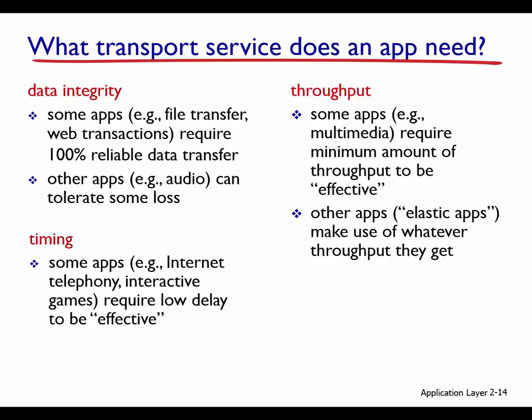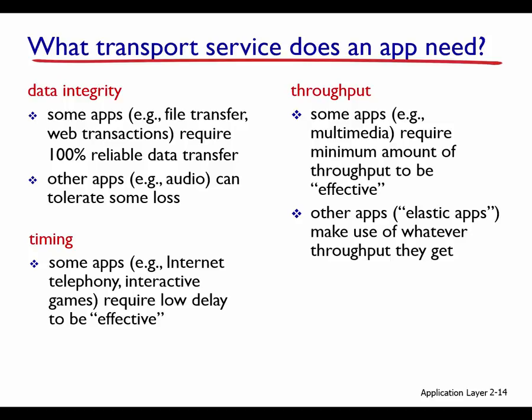Another one is timing, and this is kind of just the opposite. If I'm sending a file from one person to another, it doesn't matter how long it takes to get the file at the other end. I don't have any time requirements as long as they get it eventually. If I'm sending an email to somebody, it doesn't really matter how long it takes to send the email.